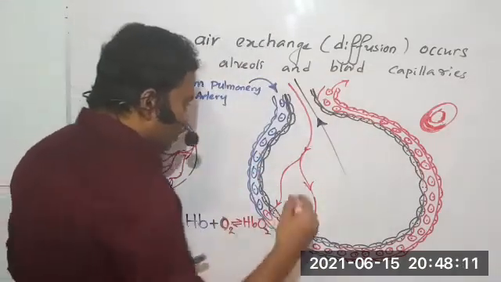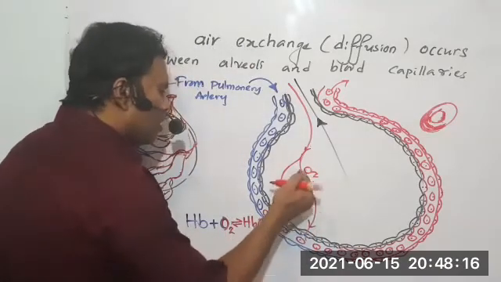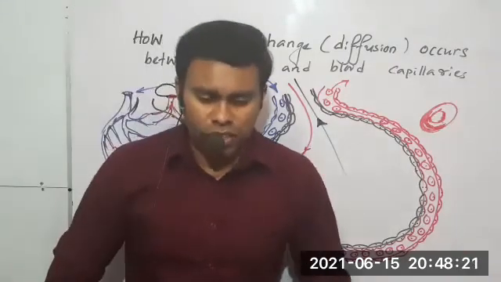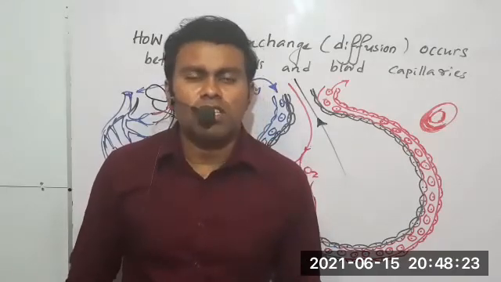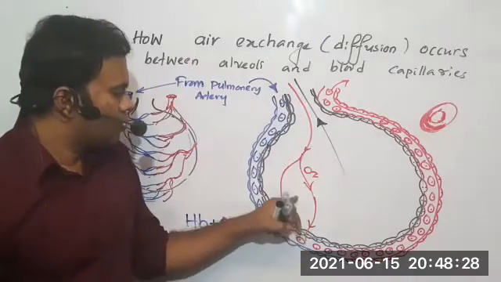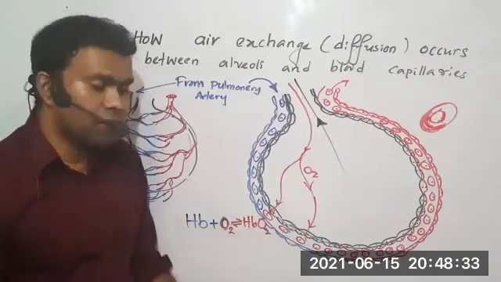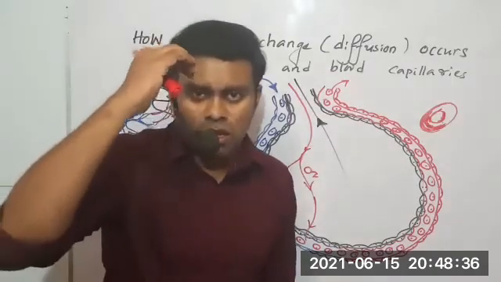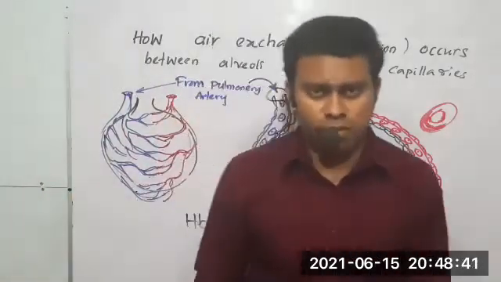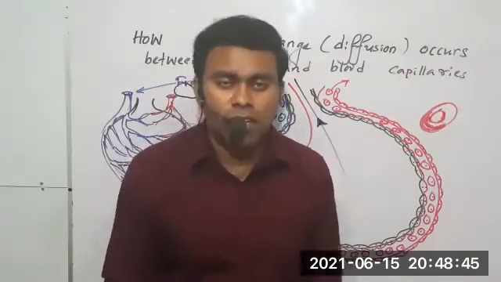So this is oxygen, O2. We can name this part diffusion of oxygen into blood. Oxygen diffuses into blood. Actually, into blood means into red blood cells. Inside the red blood cell there's a protein that binds oxygen. So what is that particular protein?